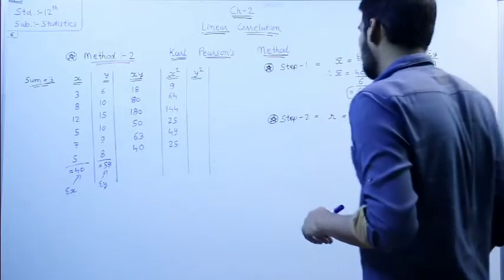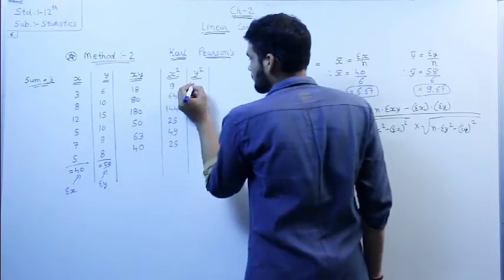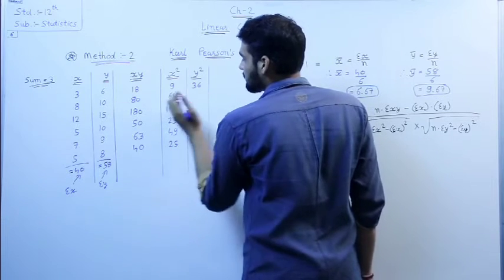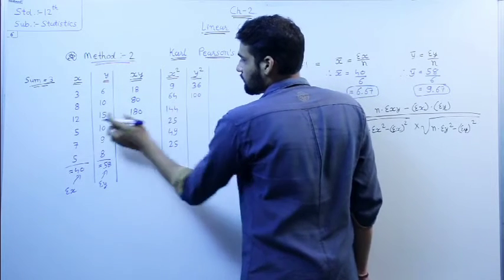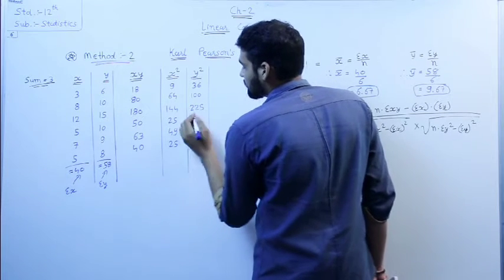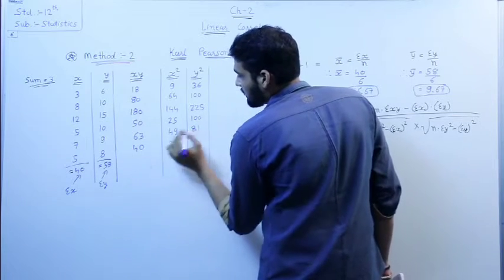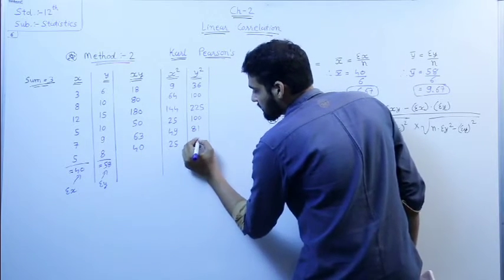Then let me find the y square column. 6 square is 36, 10 square is 100, 15 square is 225, 10 square is 100, 9 square is 81, and the last one, 8 square, is 64.